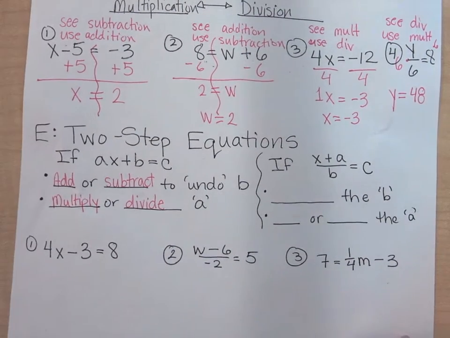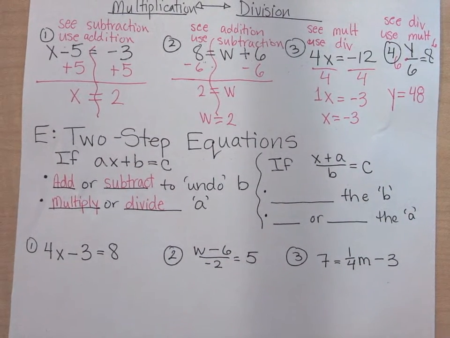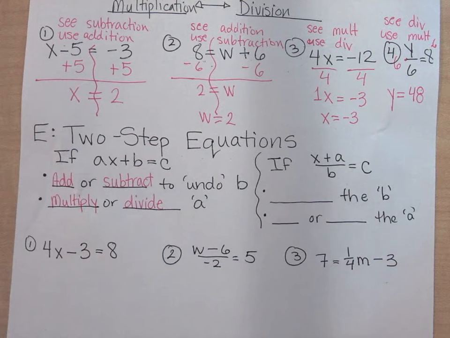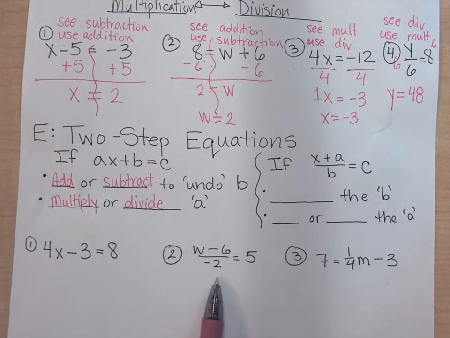So if we look at our examples, 1, 2, and 3, what example or examples fit this first model? Josue? Number 1. Okay, number 1 definitely fits that model, right? Does number 2 fit that model?